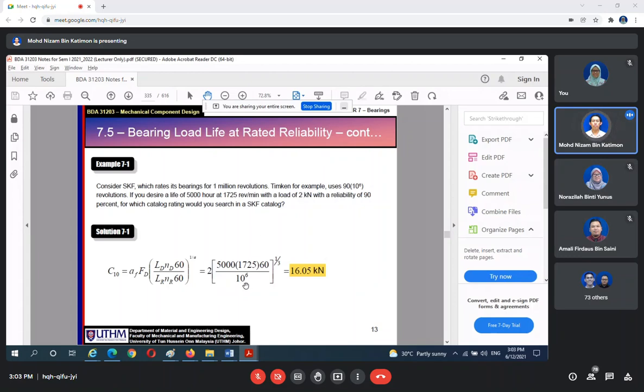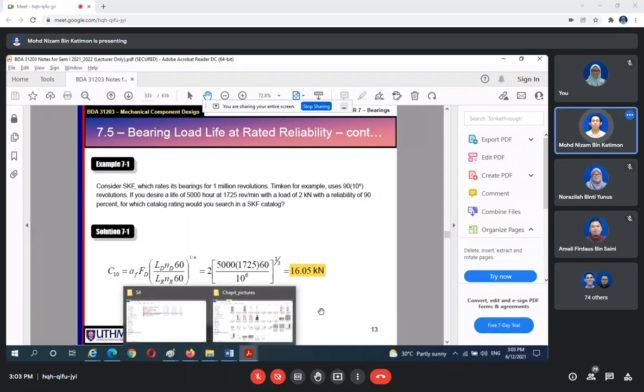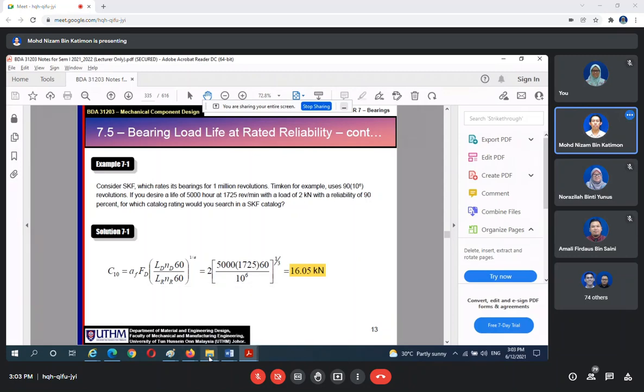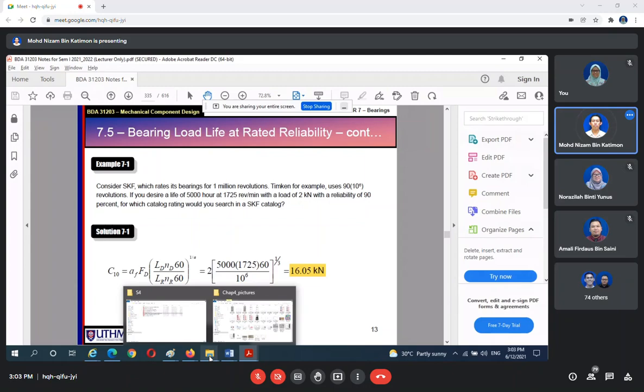So this one needs to change, not 1 million but 90 million. So at the end you get the catalog rating, 16.5 kilonewton.